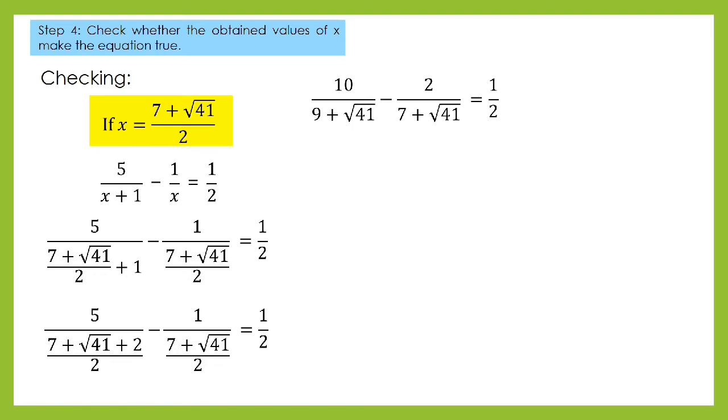How did we get that? 7 plus 2 is 9 plus square root of 41, all over 2.